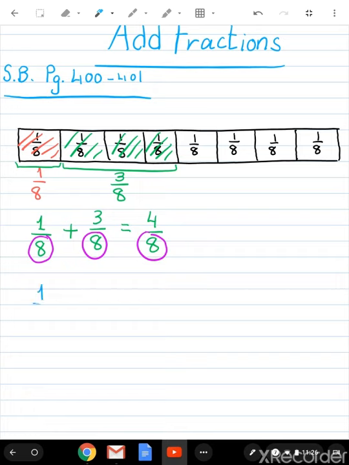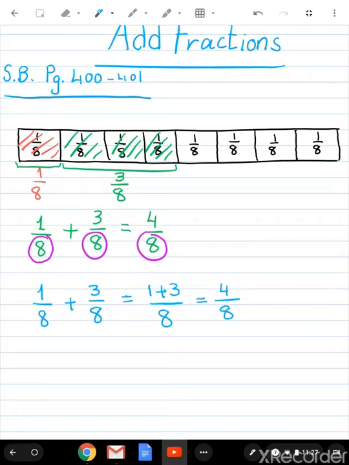When I have 1 out of 8 plus 3 out of 8, the denominator stays the same, which is 8. Then we add the numerators only. We add 1 plus 3. So the total, or the addition, will be 4 out of 8.